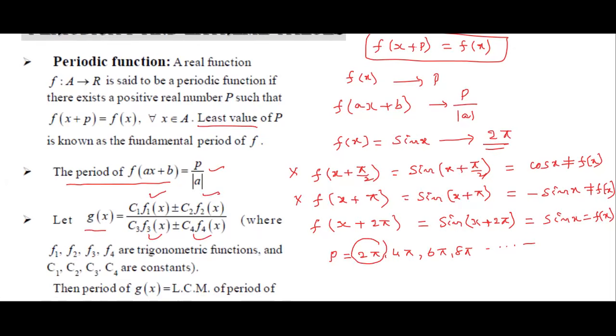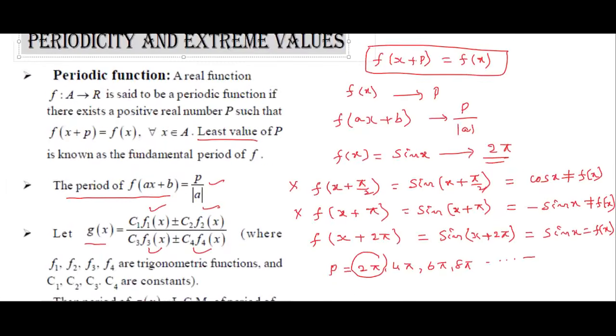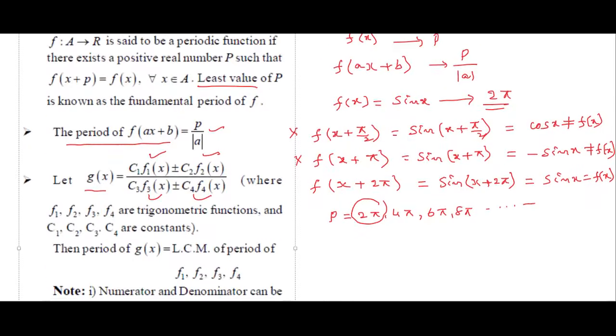Find the periods of the f1, f2, f3, and f4 functions separately. Then the period of g of x is the LCM of the periods of f1, f2, f3, f4.